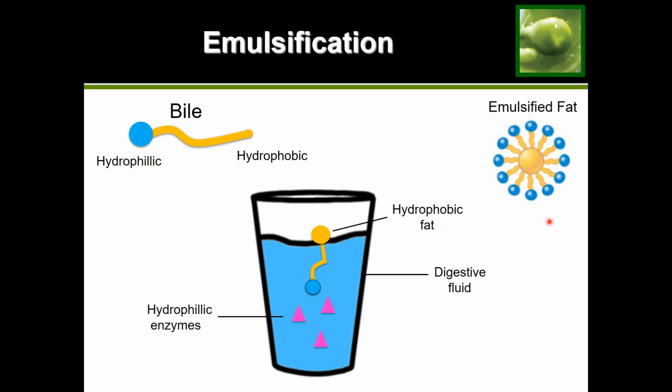Emulsified fat would look like this, meaning that it now has a hydrophilic layer. The bile that is required for this emulsification to occur is not found until we reach the small intestine. And because of this, the fat was not able to begin its digestion until we reach the small intestine, because again, fat cannot digest until it has been emulsified, because emulsification is what allows it to make contact with the enzymes.